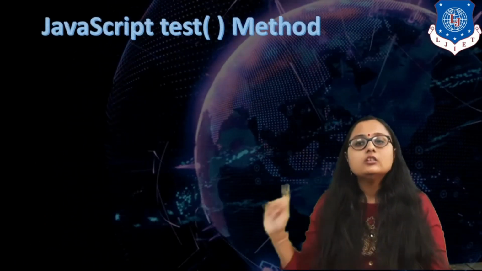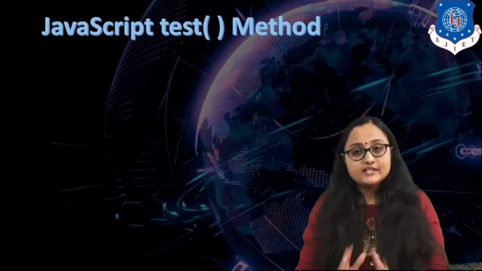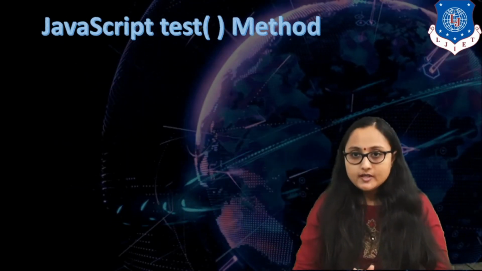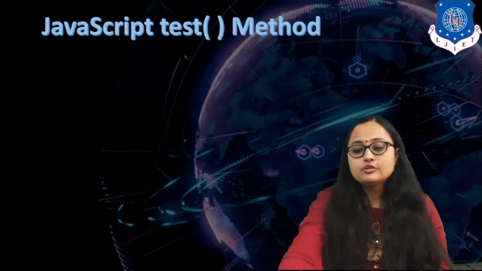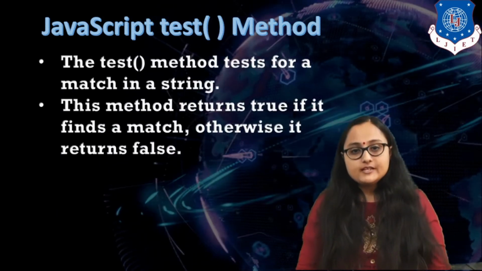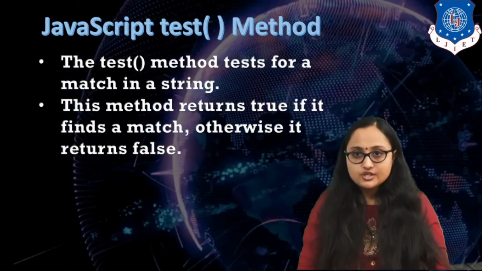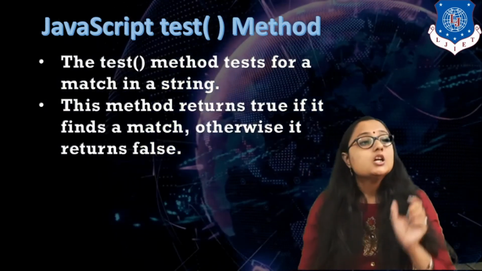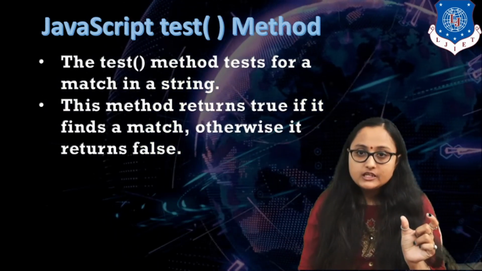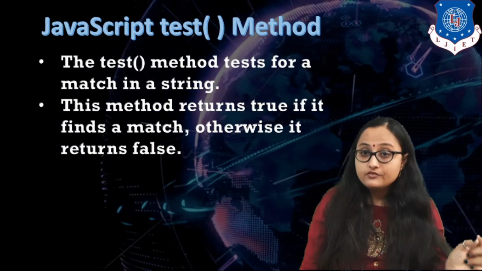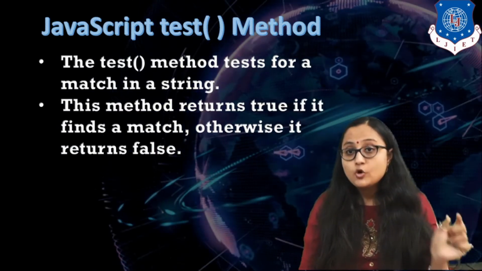Now we will learn only one method in today's lecture, that is the test method. What does the test method do? Basically the test method tests for a match in a string. There is a pattern that I have created and stored inside a variable, which is of type object.